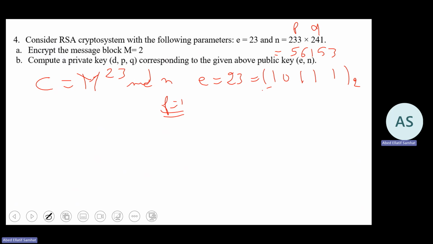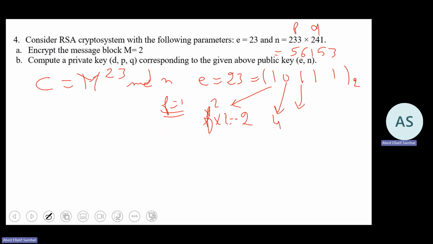For the next one, it will be f squared times 2, so 1 squared times 2. Because the next bit is 0, we will not multiply by 2, it will be just f squared, so it will be 4.